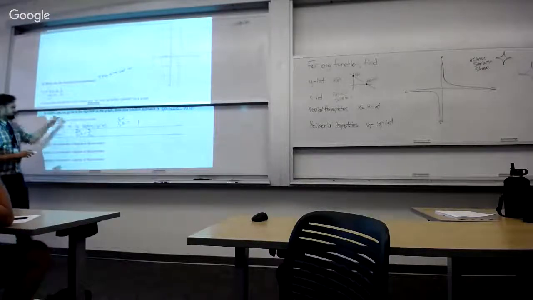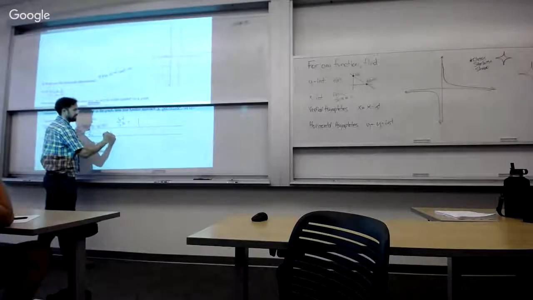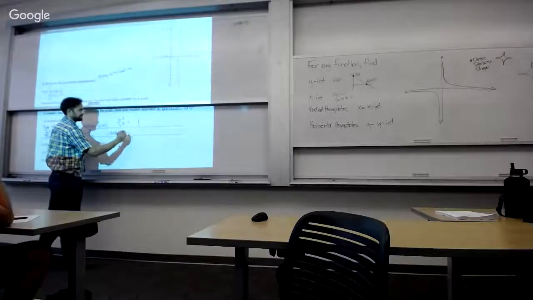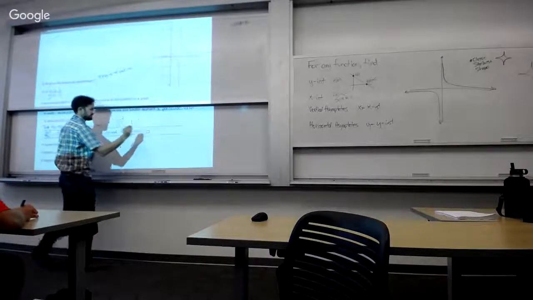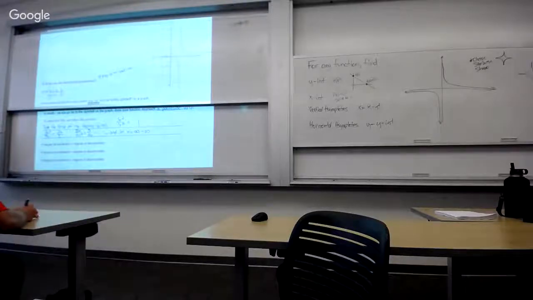Rather, you take the ratio of the leading terms and let x equal infinity and negative infinity. Now, you can't really let x equal infinity. You let x become very, very large to the right, or x become very, very large to the left.